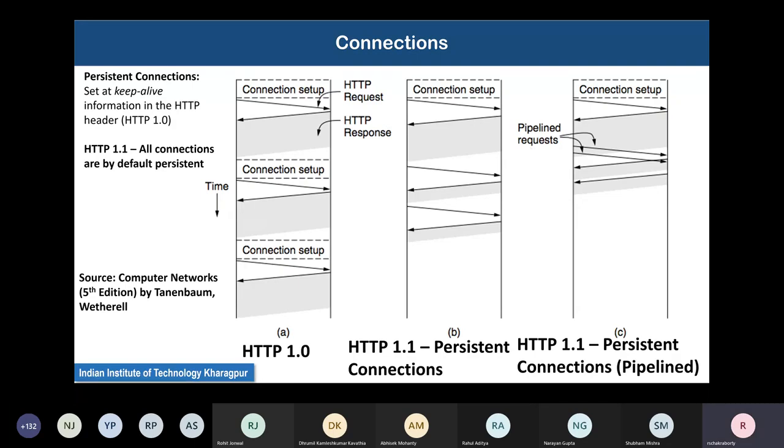It was sitting idle. That will not happen with pipelined requests. The server will not sit idle. It will work very fast, very busily, and it will finish the entire transaction quite fast compared to the simple persistent connection with no pipelining. Do you understand the difference, students?